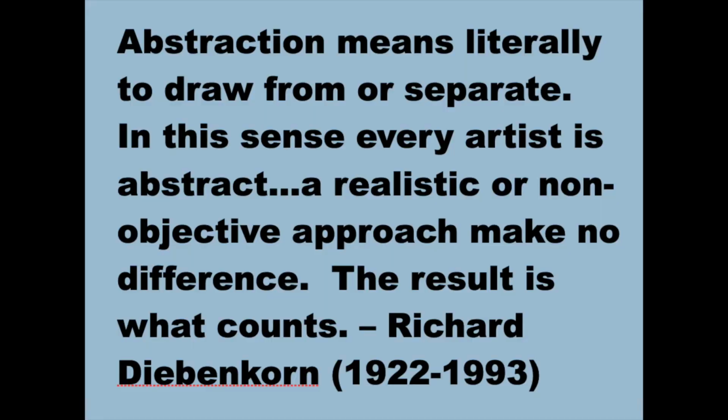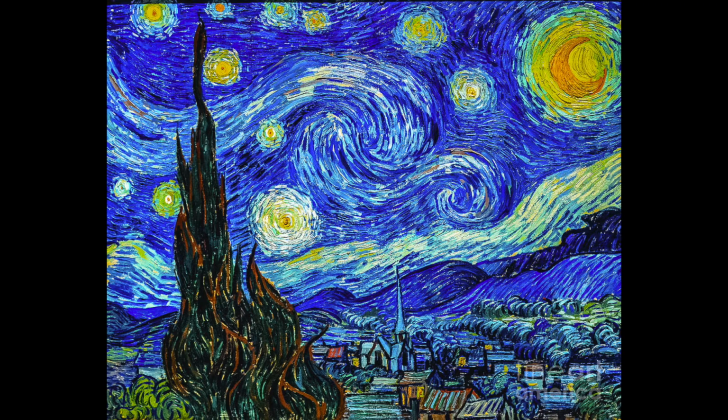Richard Diebenkorn said abstraction means literally to draw from or separate. In that sense, every artist is abstract. A realistic or non-objective approach makes no difference. The result is what counts. So this idea that everything is abstract means that when we look at Van Gogh's Starry Night, that's an abstraction.